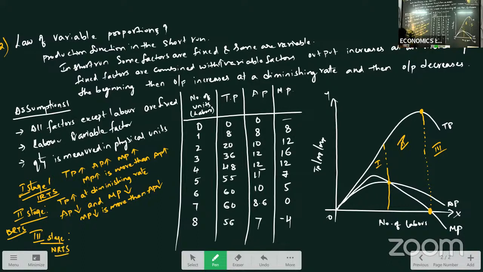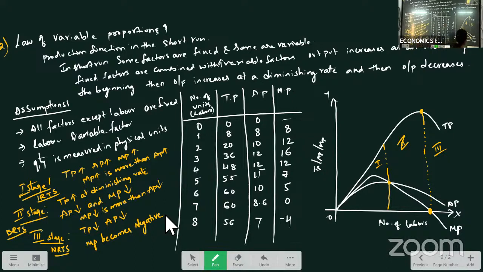In this stage, what happens? TP decreases, AP decreases and MP becomes negative, right? So this is how we have the law of variable proportion, which is also based on diminishing marginal returns.